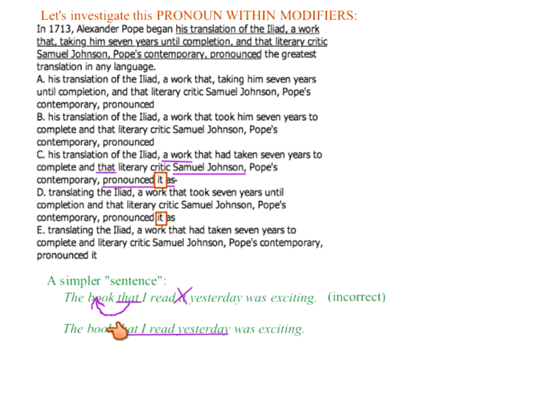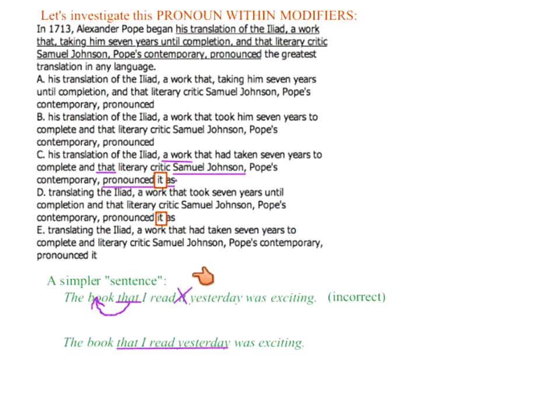And in general, if this is the object of that action, then that's how you write these constructions. You don't have another redundant pronoun, because this would mean the book that I read the book. The book that I read the book doesn't make any sense. The book that I read does.